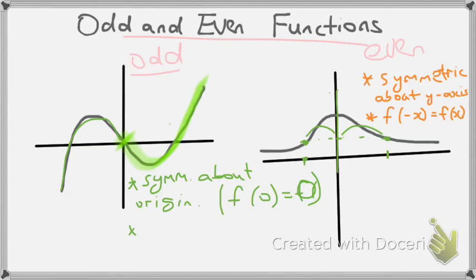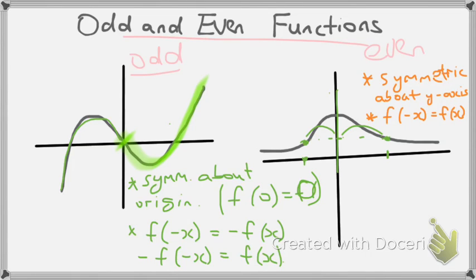The algebraic way to prove it is to say that f of minus x is the same as negative f of x, right? And if you like, you can move the minus sign over there. It's actually easier to prove it this way, I think, because basically what we're going to do is do all of this stuff on the left-hand side and show that it equals f of x.